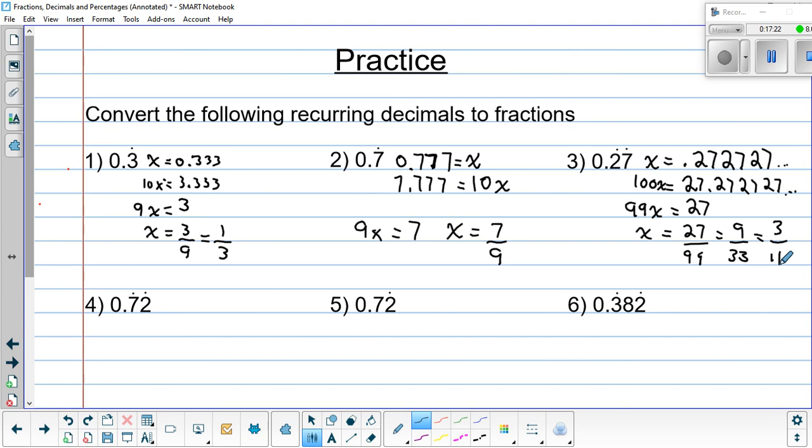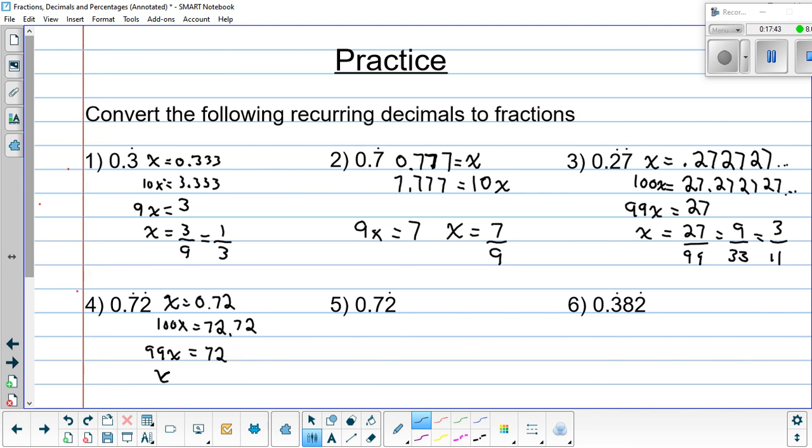Moving on, 0.72. So same thing. We have to use x and 100x. So that's 72. Subtract them, we get 99x equals 72.